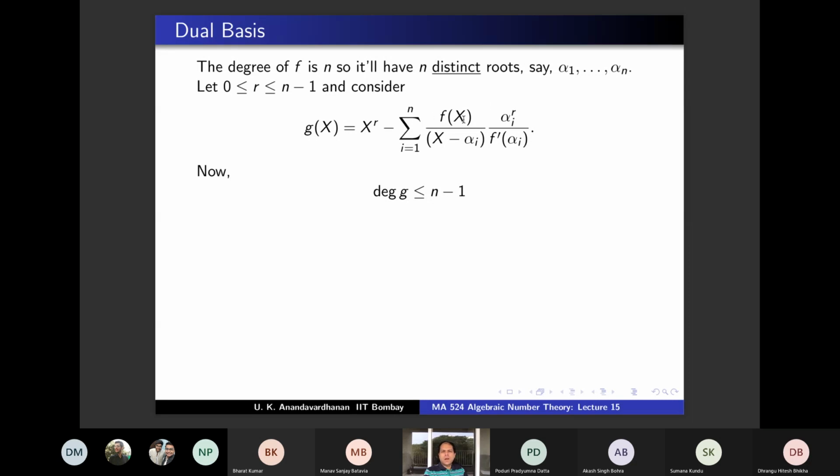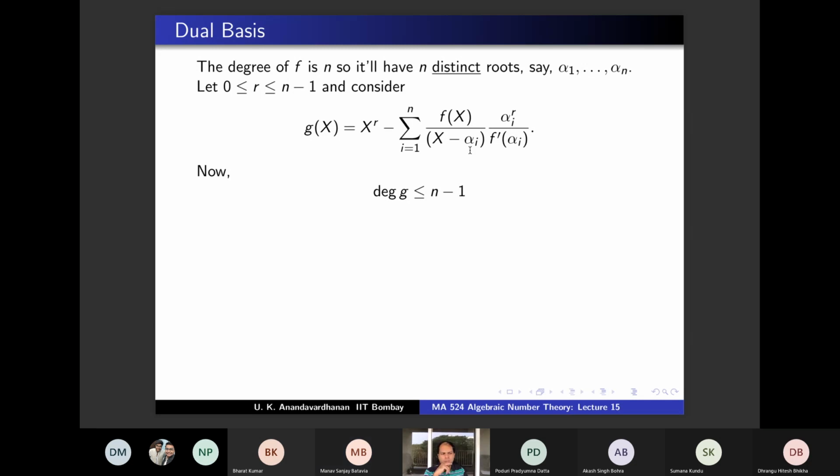What is f of alpha_i? Just the one term will remain. Let's say alpha_j. So what is f of alpha_j by x minus alpha_j? It is f of alpha_j by (alpha_j minus alpha_i).